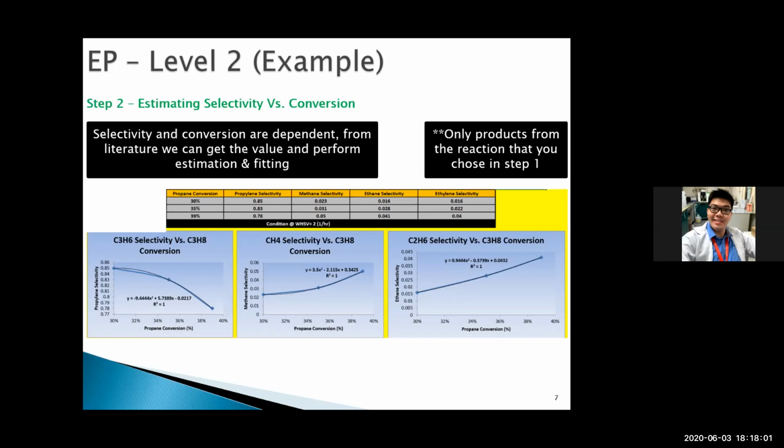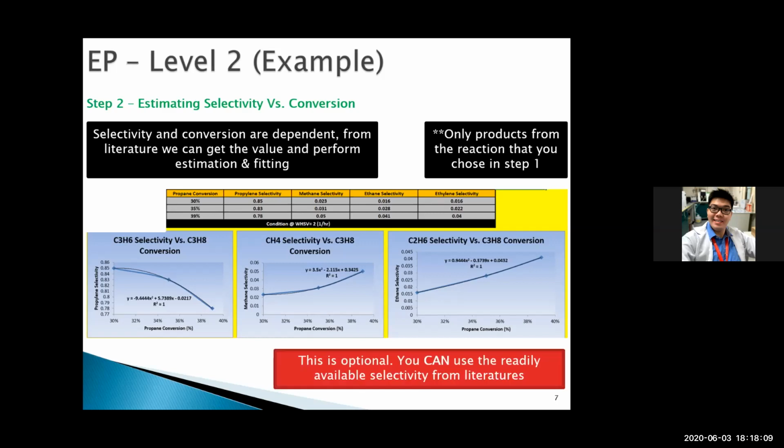Here are some examples where I developed a few models to fit better with the selectivity with respect to conversion. Again, this is optional. You can develop your own model or you can straight away find the selectivity value that you desire.